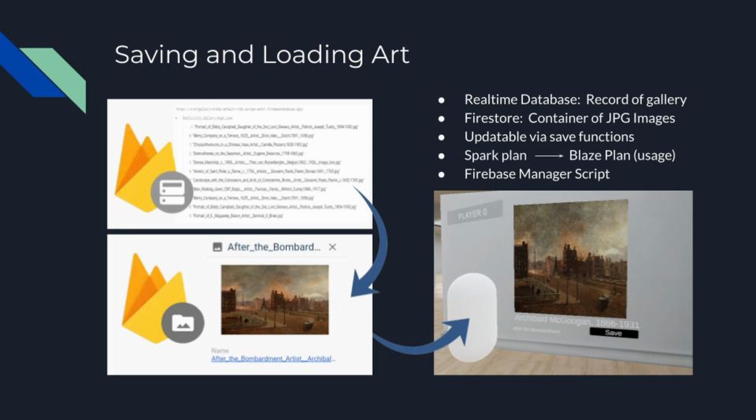You'll also notice that the text underneath each image is being updated to show the information regarding the image being shown. So this just shows the artist's name, the title of the artwork, and the year that it was made. And these show up depending on the user's proximity to the artwork.